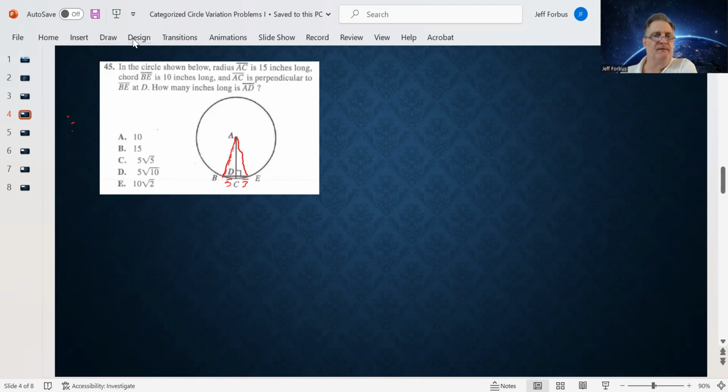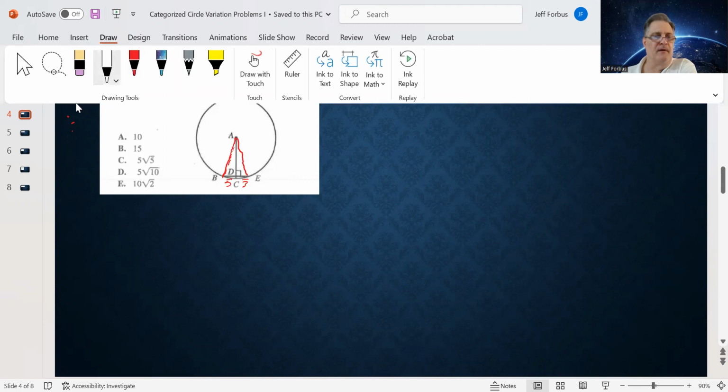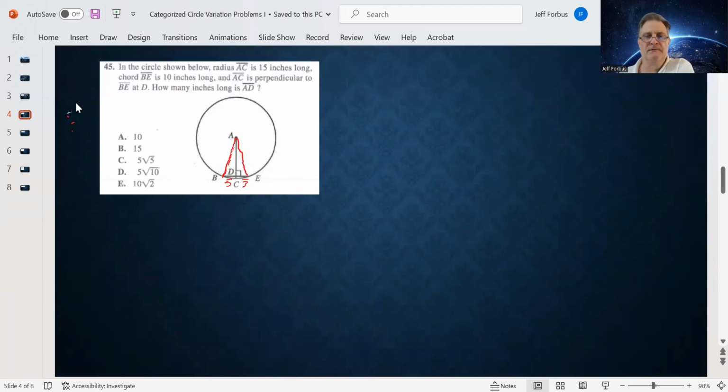Let me do this. Let me draw that over here. So here's what we would have. We'd have the triangle. This will make it better for us. Here's E. Here's B. C is right down the middle. Right there.